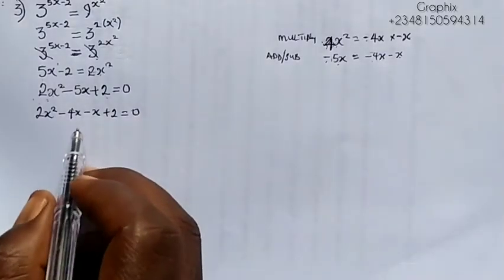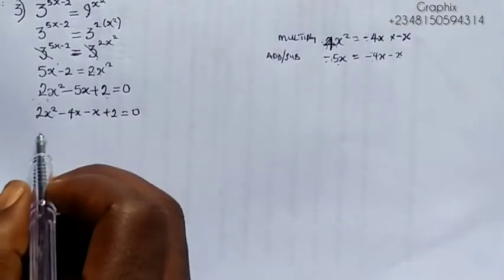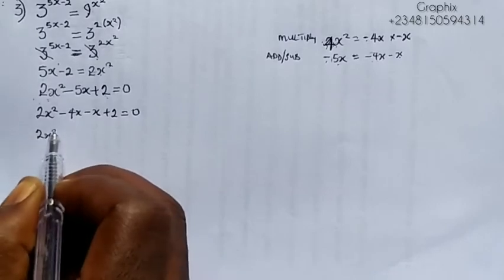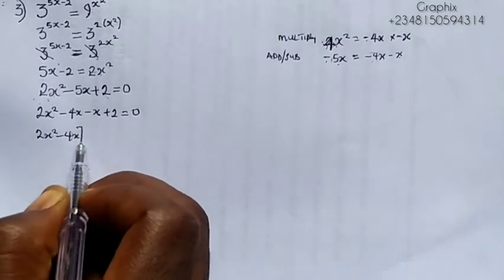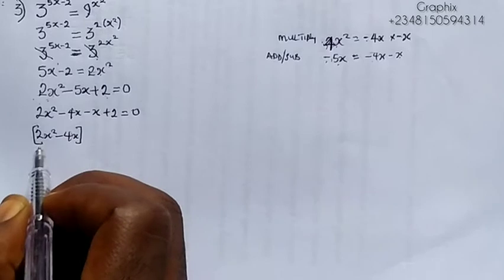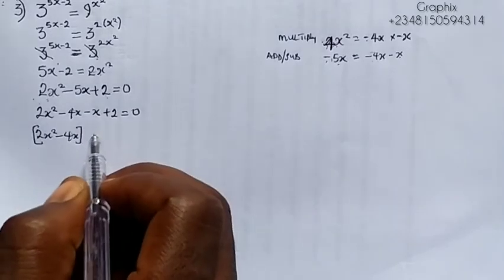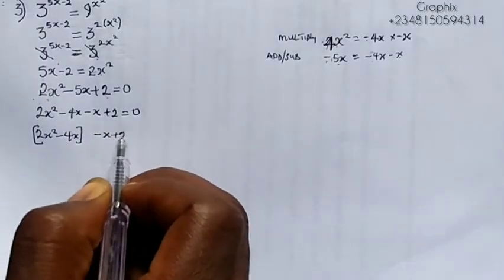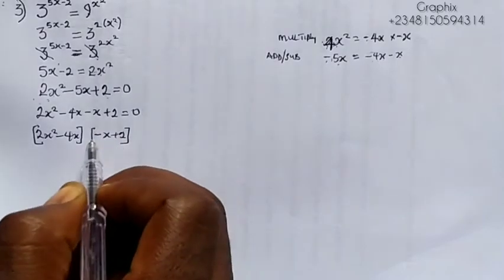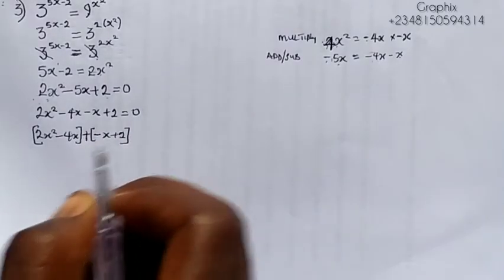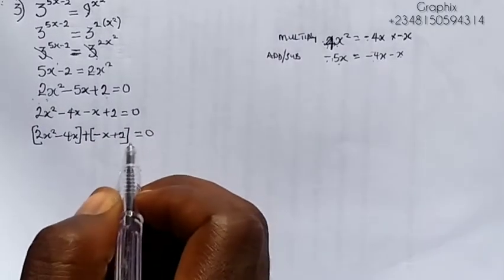Now I'm going to share them into two parts. In one part I'll have 2x squared minus 4x, in brackets. In the other part I'll have minus x plus 2, in another bracket. So I'll add both of them together, equals 0.